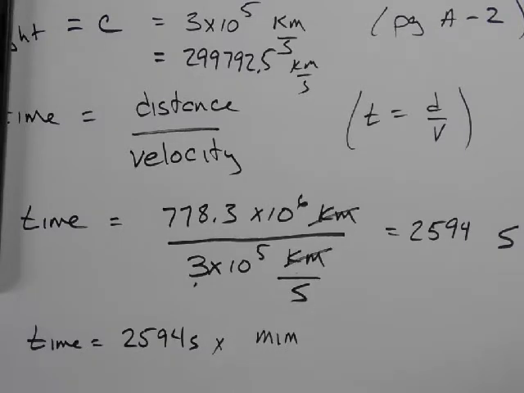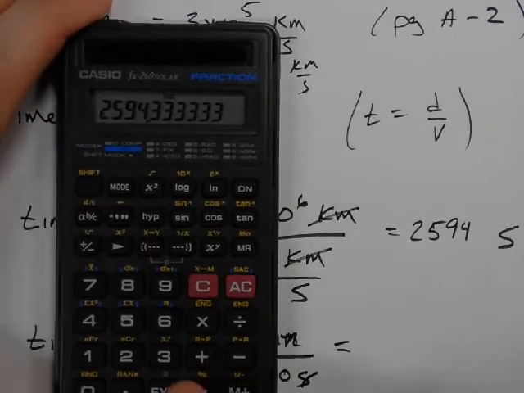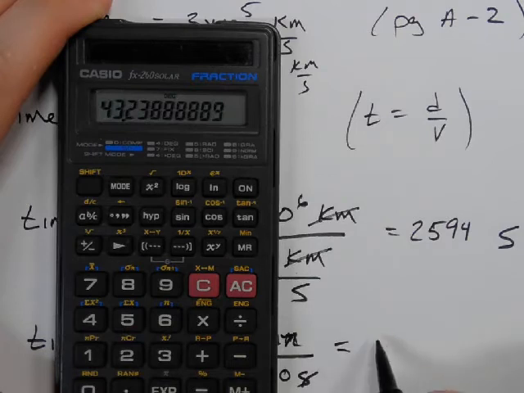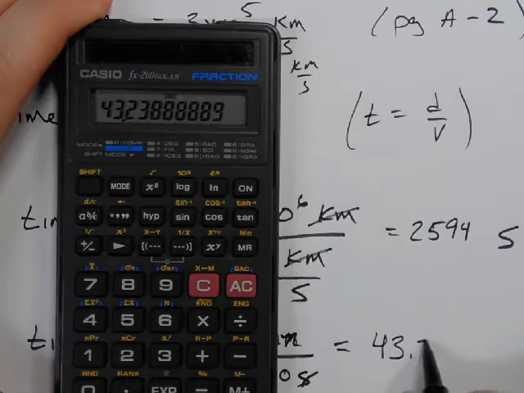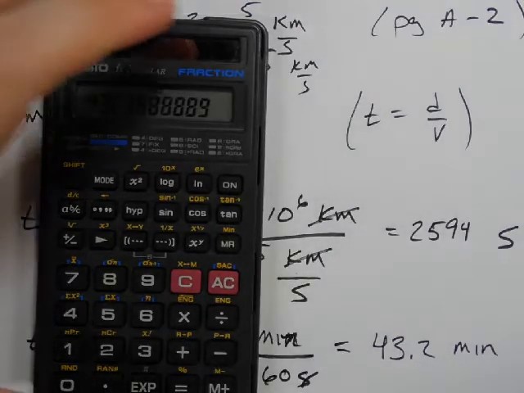So we put a minute in. And 1 minute is 60 seconds. And so that means we're going to divide by 60. And so we take our number, keep it the way it is, and just divide by 60. And we get 43.2 minutes. And that's good enough on our calculation.